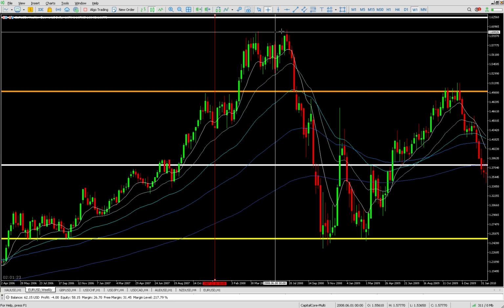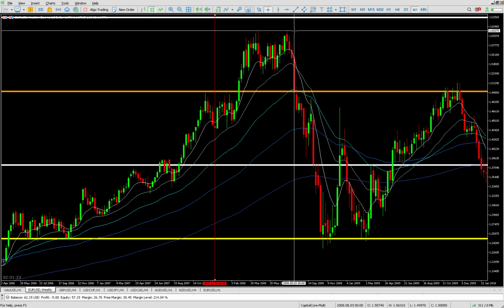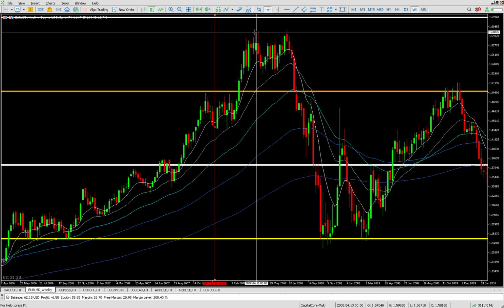Okay, it looks like a double top, but the thing that could throw you off is the second top is higher than the first top.